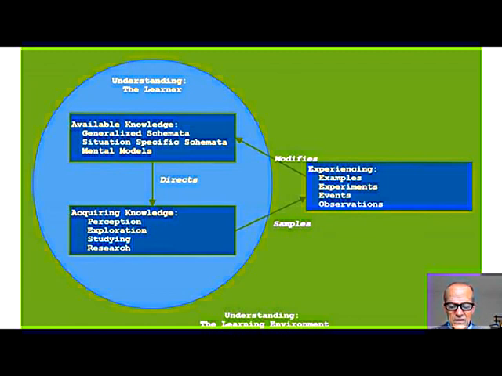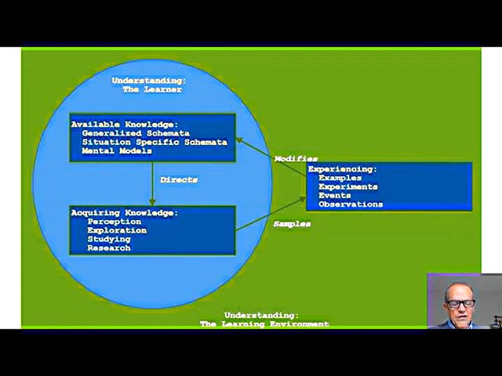This sampling leads to examples, to events, observations, experiments. And these data, in fact, modify the available knowledge. So there is a gradual cycle of enriching available knowledge and subsequently acquiring new knowledge, doing experiments, and then again modifying and expanding the existing knowledge.